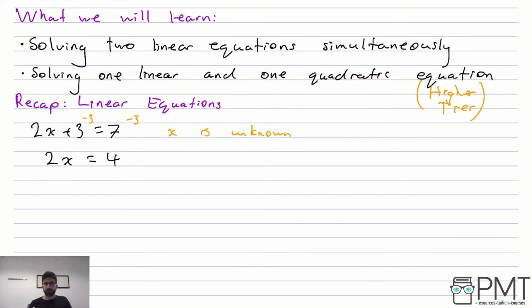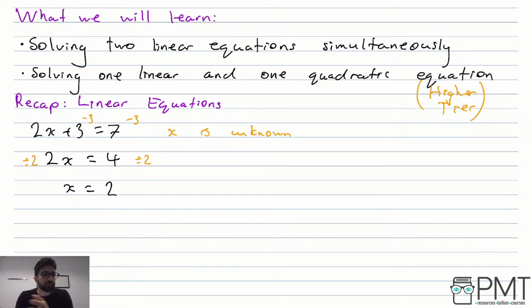And then to get to x, you can divide both sides by 2, which will give you x equals 2. Well done, everyone who got x equals 2. So this is how you solve just an equation with one unknown.